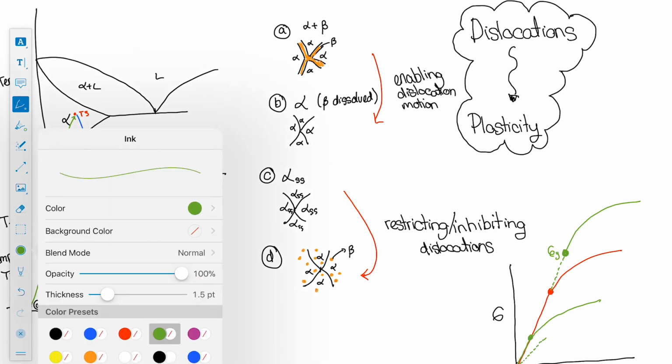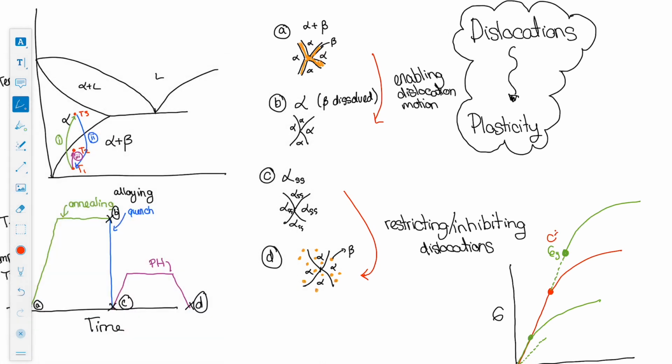So this is C to D here, and this is A to B here.